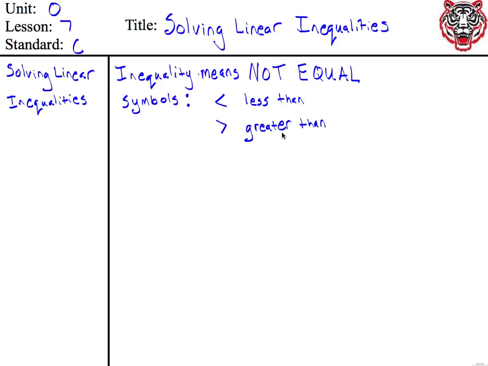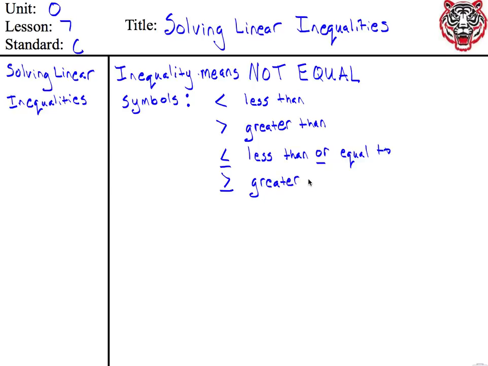One point to Gryffindor, okay. What about this one? Less than or equal to. Exactly. Okay, we obviously have to have the next one. It looks like that, which is greater than or equal to.